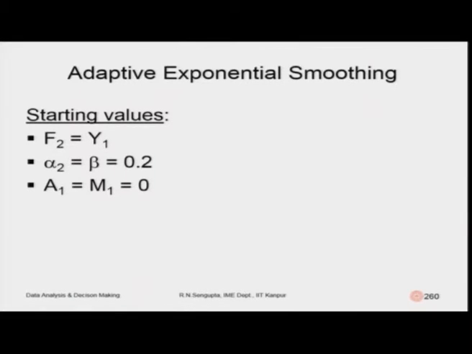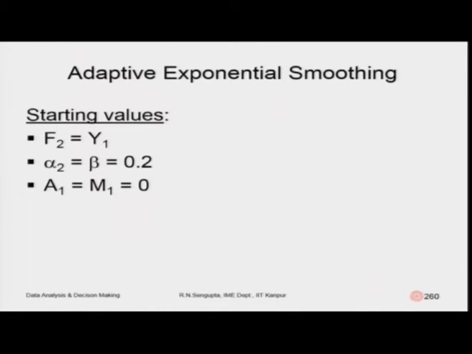So, we considered A 1 and M 1 as 0, and we are for our problem considering the weights of initial alpha as 20%, beta as 20%. So, beta would be fixed as 20%, but alpha may change depending on the values of the ratios of A to M, A t divided by M t, whatever we had in the last slide.